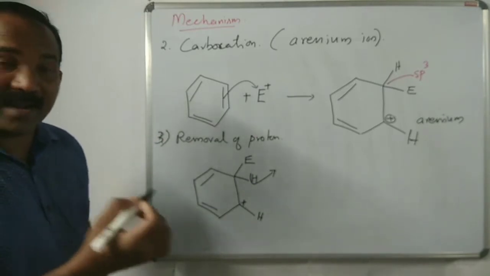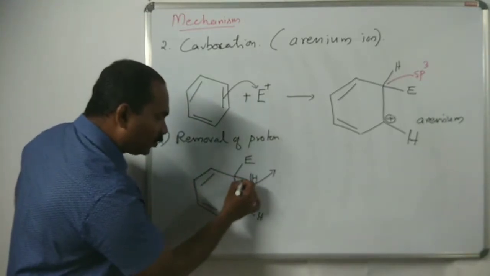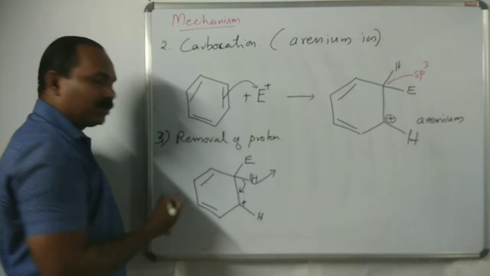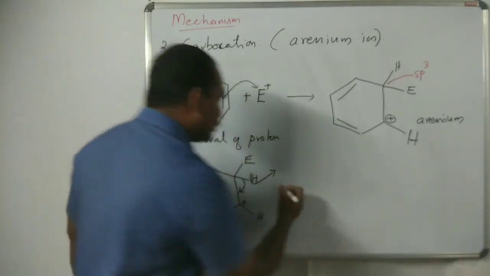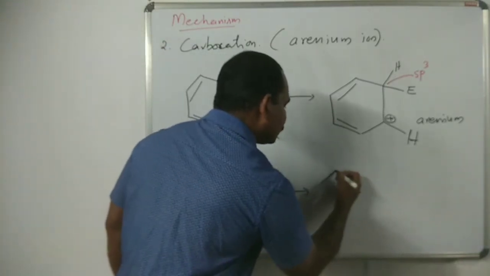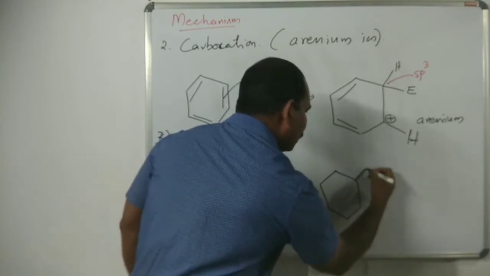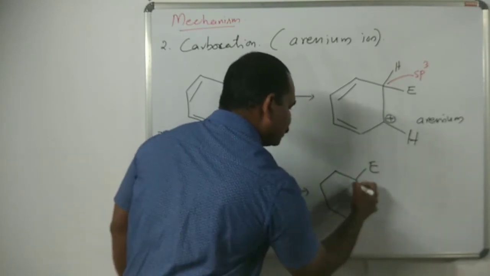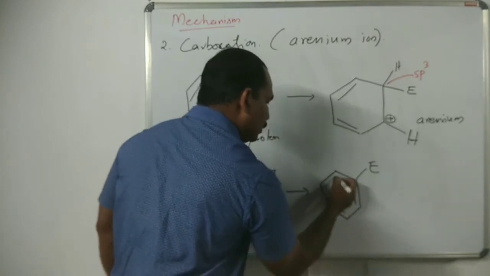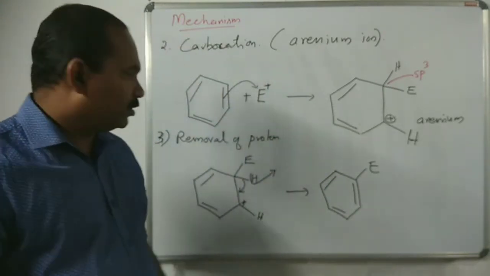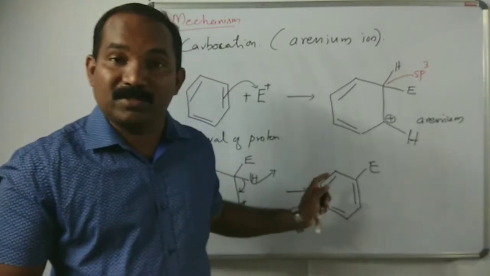Okay, that hydrogen is removed and this bond is shifted to two carbon atoms. We get the electrophile, pi bond. Okay, now it becomes aromatic.